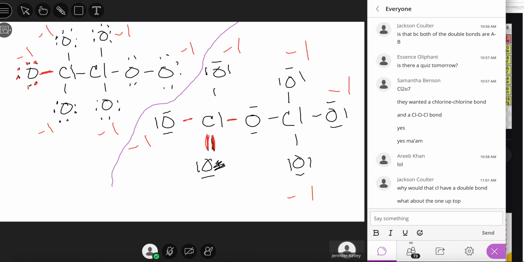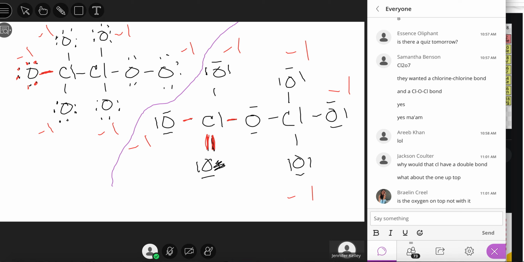So the chlorine is 7, 6, 5, 4, 3. This one is the same. And then, let's see, is the oxygen on top not with it? Which oxygen on top?